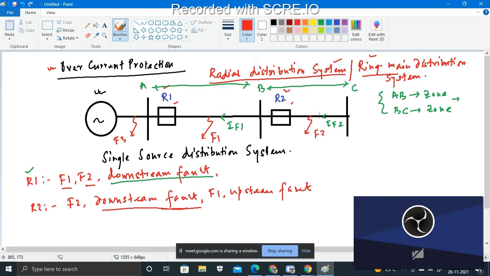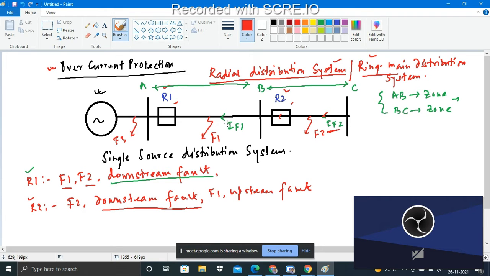So F2 will be seen by R2. I of F2 will pass through R2, not R1, because IF2 will not be visible to R1.